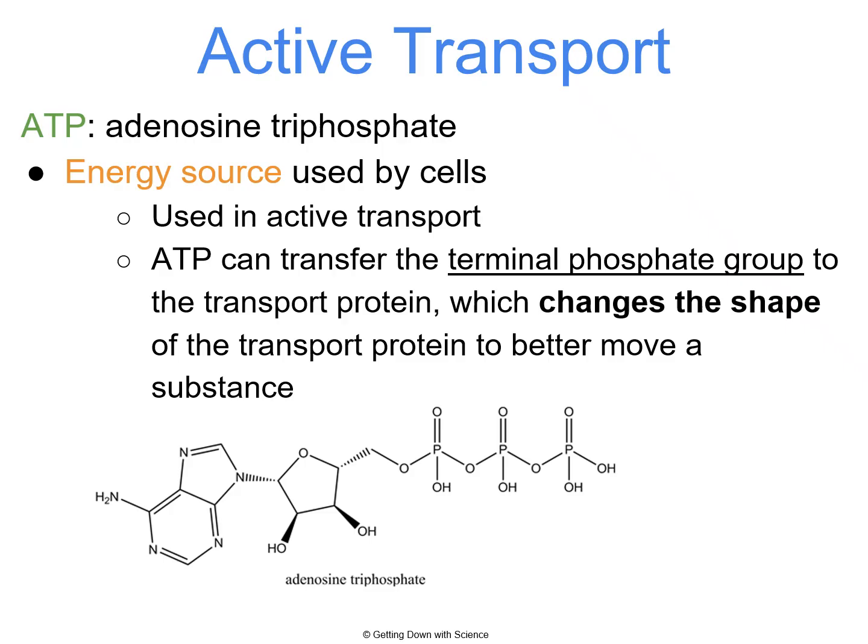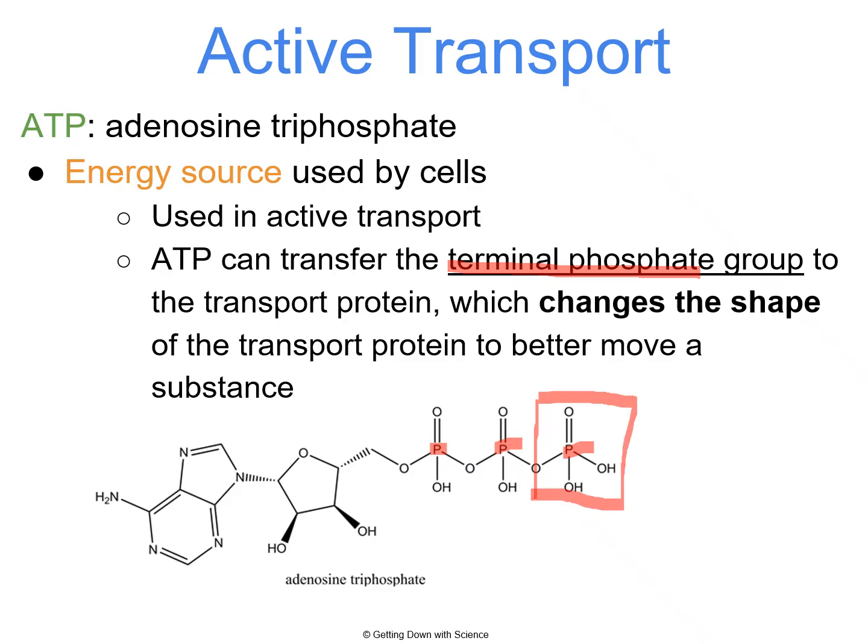ATP can transfer a terminal phosphate, that's one of its phosphates, because it has three. So it has one, two, three phosphates. If energy is needed, a bond is broken here, and then this phosphate group is removed.